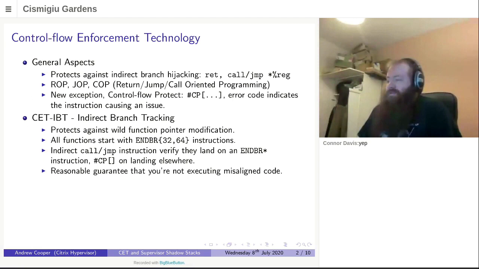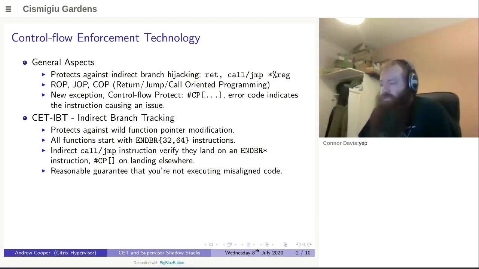To be perfectly honest, there are also other ways of doing this. There are software techniques that get you improved edge reduction as well. An interesting thing about IBT is that it does give you a fairly good guarantee that you're not executing misaligned code.